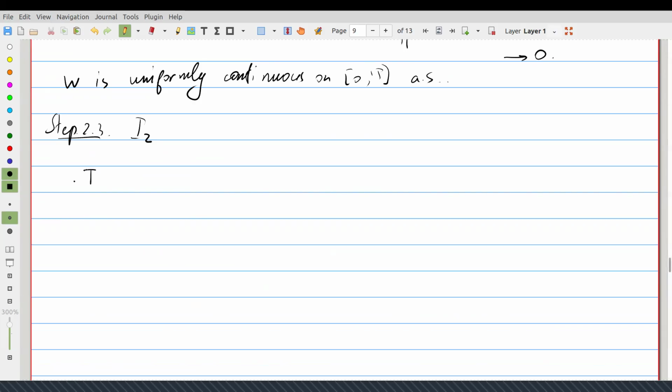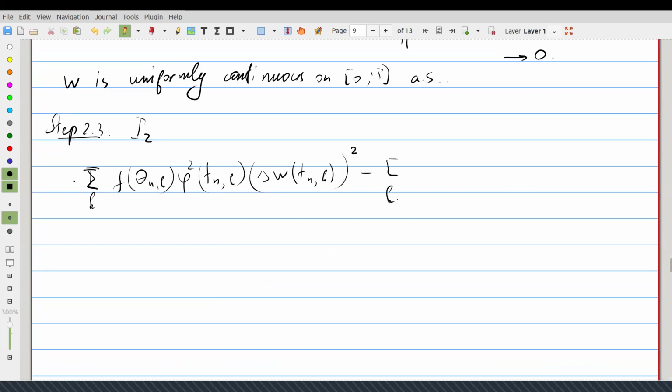So I will consider the difference of I2, phi squared t n k, delta w t n k squared, minus a Riemann sum that approximates the integral we want to obtain.